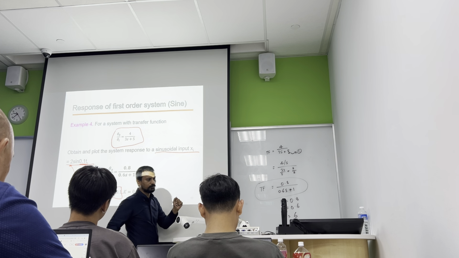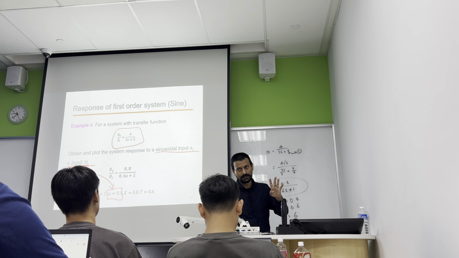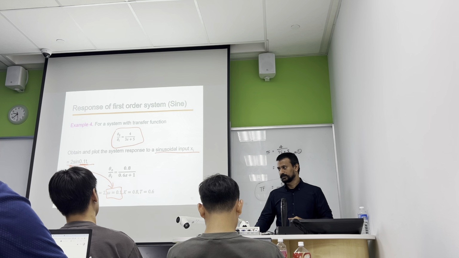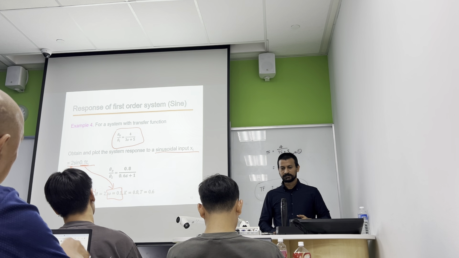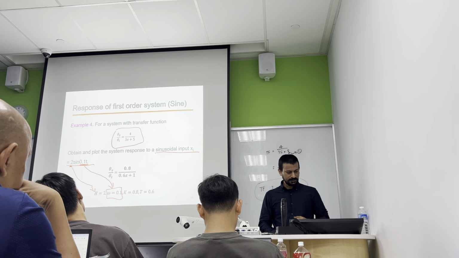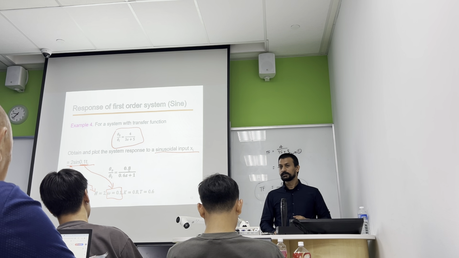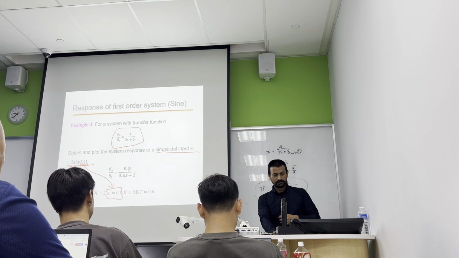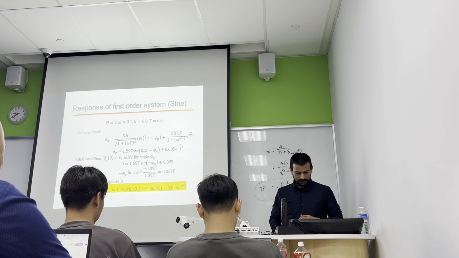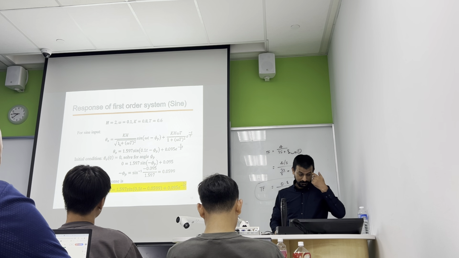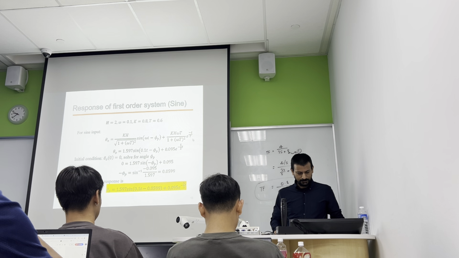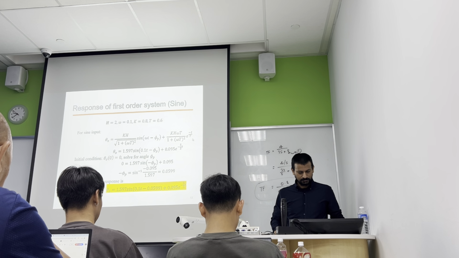That's how we derive the 4 values from the transfer function: h, omega, k and T. Once you get it, yes, the formula is very big, so just substitute onto the formula. Wait, there's one extra thing on here.